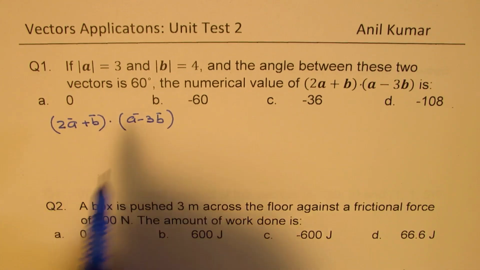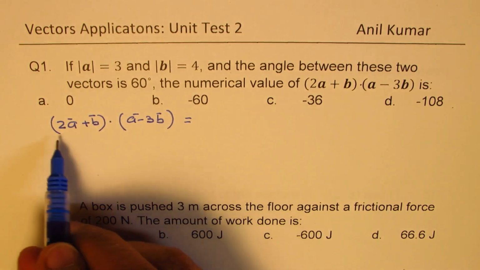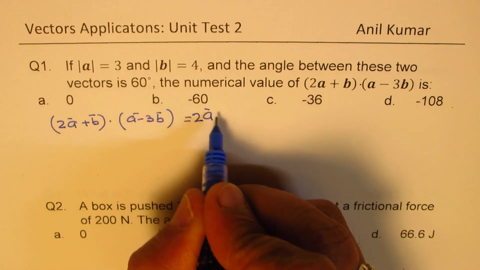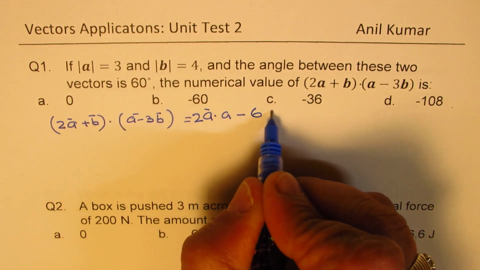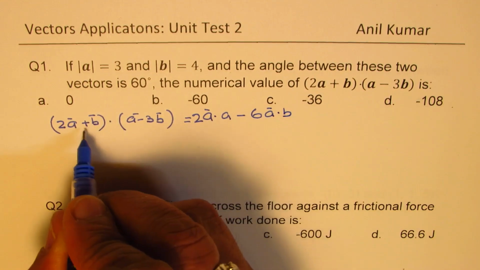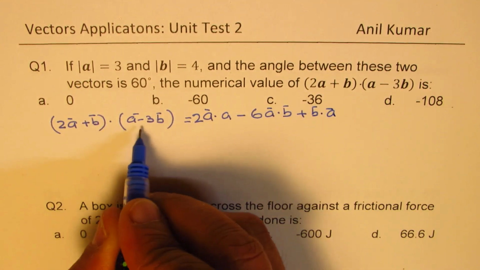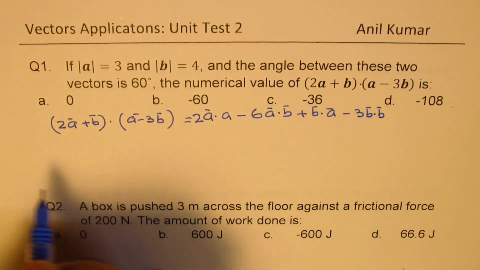So when you multiply, rather I should say dot product, then we have 2a dot a minus 3 times 2 is 6 a dot b plus b dot a minus 3 b dot b.